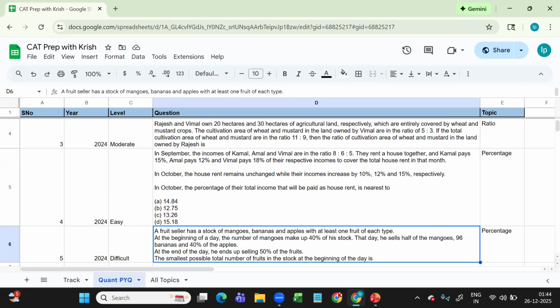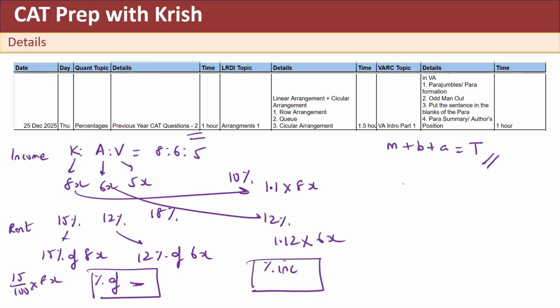It says that at the beginning of a day, the number of mangoes made up 40% of his stock. That means M is equal to 0.4 of T, right?